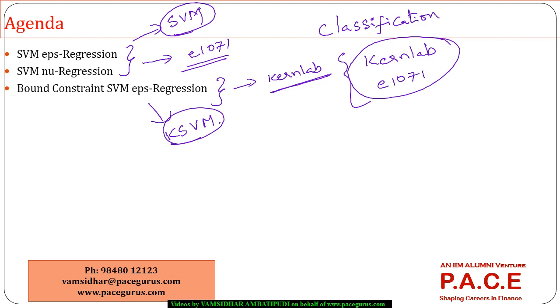So let's see, by taking a data set, how we can build a regression model using support vector machines on the training data, how we can do the testing of the same, and how we can assess the accuracy or the goodness of fit of that particular model.